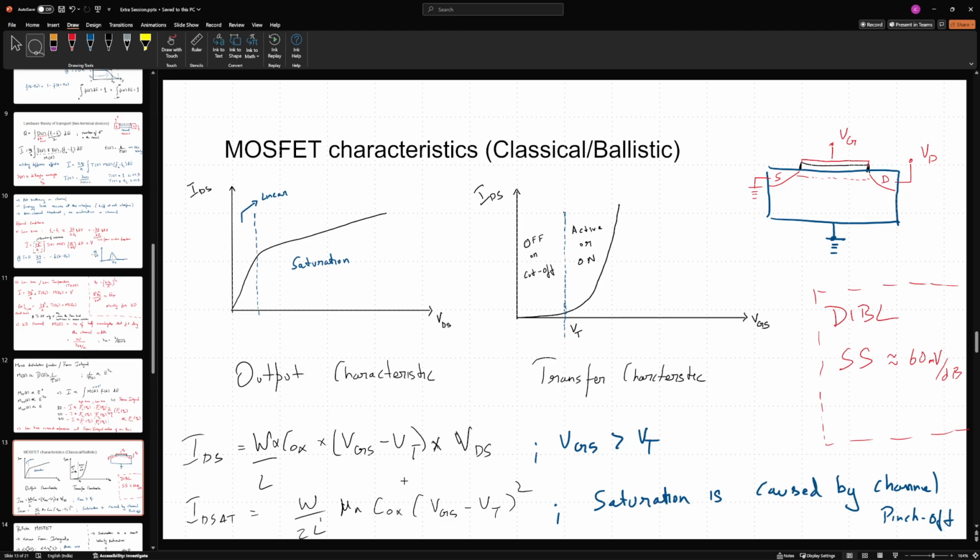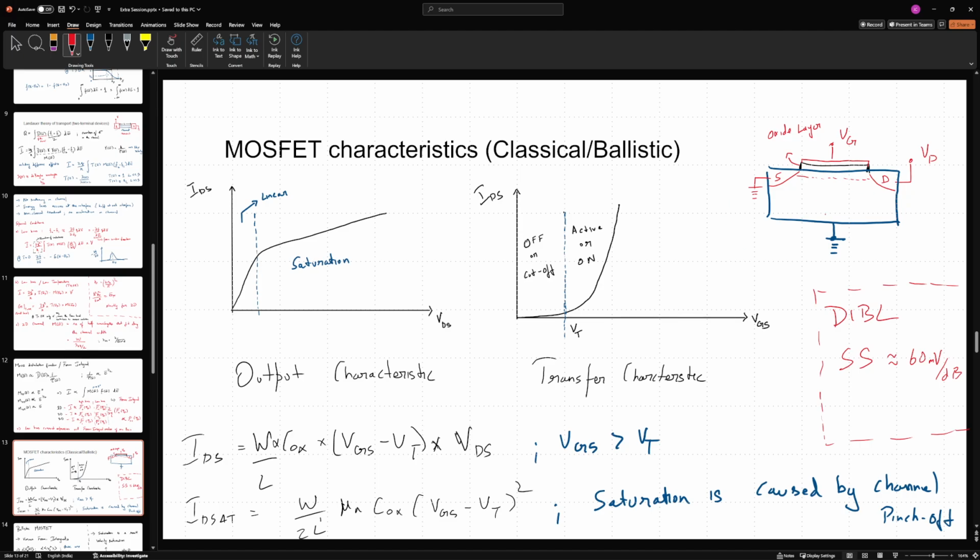The relationship between VDS and IDS is given by this expression. It's W divided by L, width of the channel divided by length, into the oxide capacitance, which is the capacitance of the oxide layer here. I will just quickly label them. That is the gate, and this is the oxide layer, and source and drain.